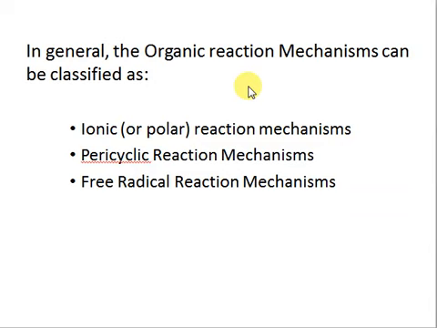And these species with unpaired electrons are known as free radicals, right? So whenever we break a bond in such a way that both atoms get one electron each, then we get free radicals, and such mechanisms are known as free radical reaction mechanisms, right?